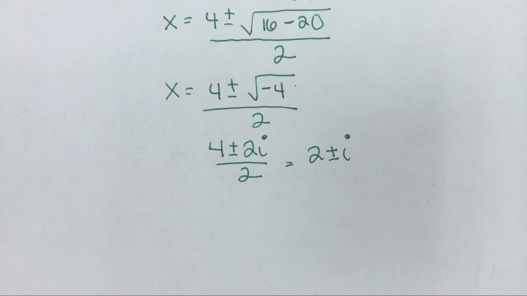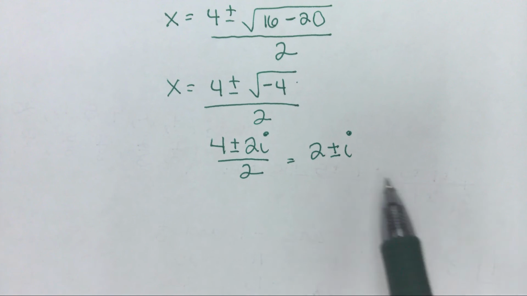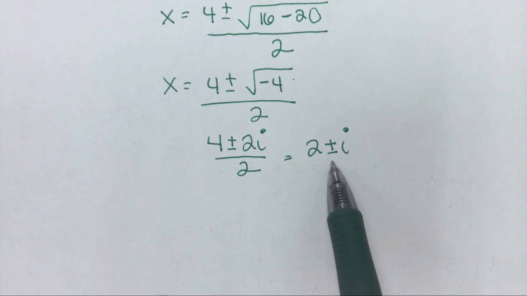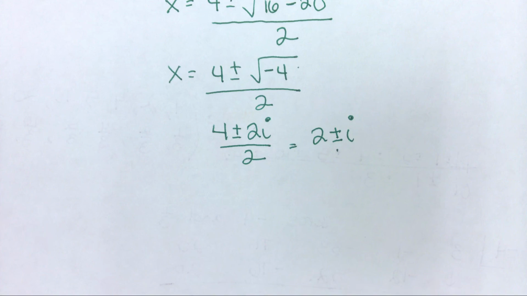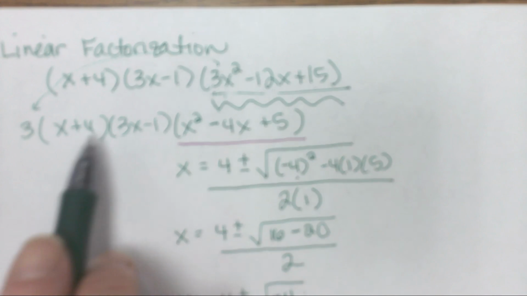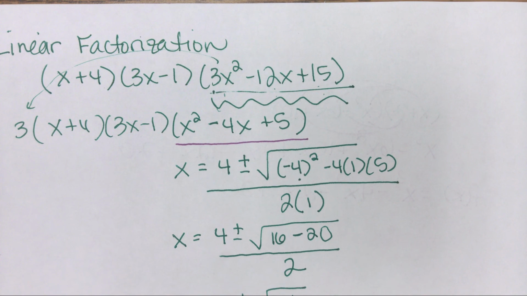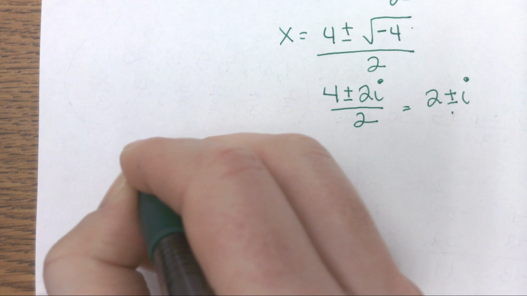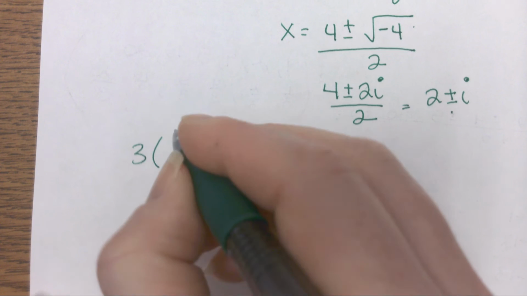All right. How many numbers is that? 2. Now you can see why they always come in pairs. And then the last step is I'm going to write those as factors. So carrying down what I had before, I had this 3 out in front. I have these 2. And then now I'm going to write my last 2 zeros as factors. So we have 3. We had an x plus 4.